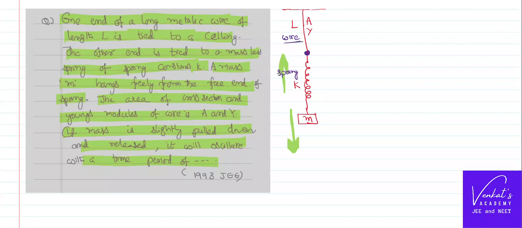Now, this wire is also behaving like a spring, because when you pull it down, it is going back and oscillating. So, what is the spring constant of that wire? I want to calculate the approximate force constant of that wire. I can write a formula: the wire experiences stress called longitudinal stress.